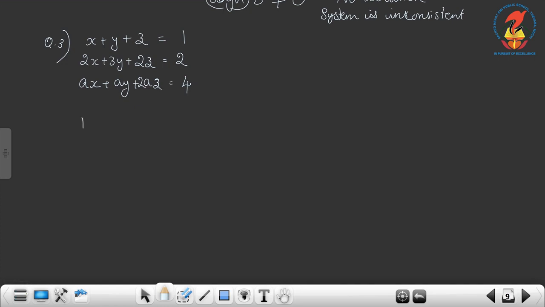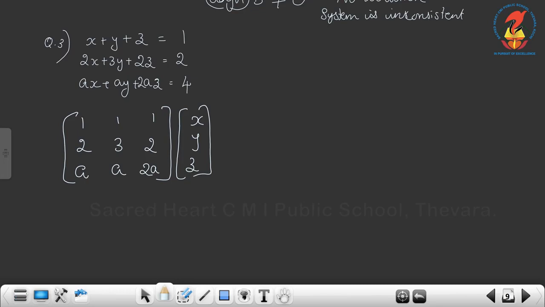So we write as matrices 1, 1, 1, only coefficients. Coefficients of x is a, y is a, z is 2a as a matrix. Then column matrix x, y, z. Here we have 3 unknowns x, y, z.